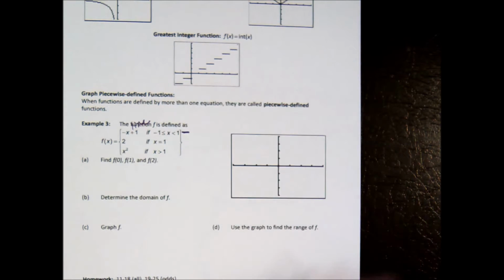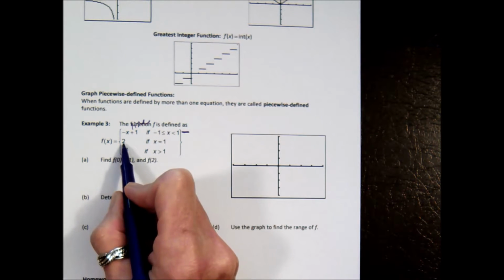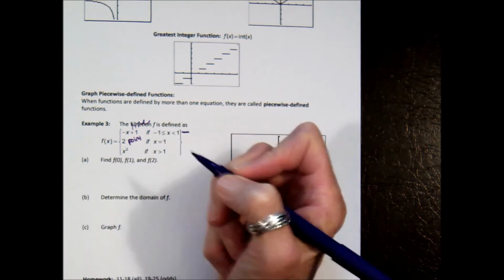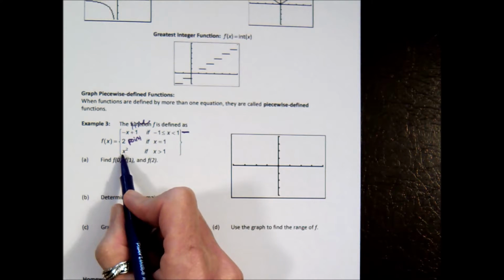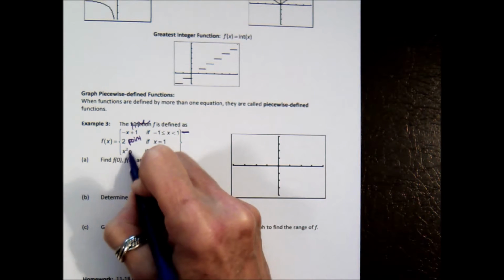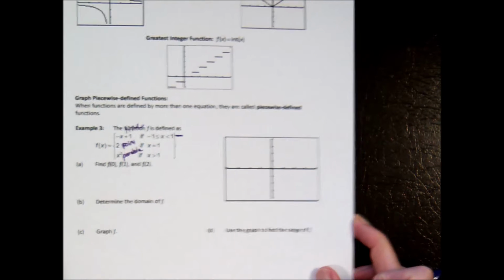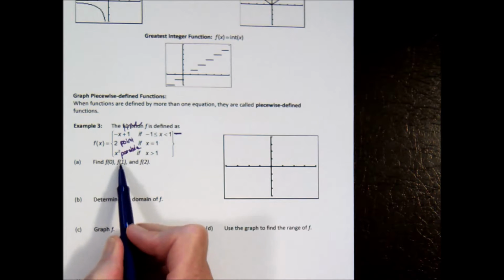It's linear, okay? If x is equal to 1, then y is 2. That is just a point. If x is greater than 1, y is equal to x squared. That is a parabola. So we want to find f of 0, f of 1, and f of 2.